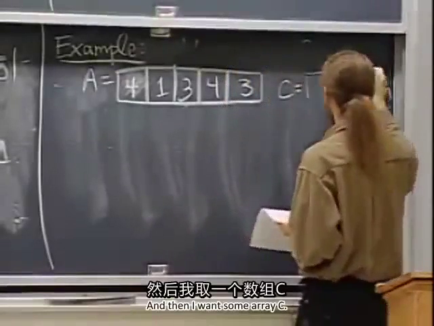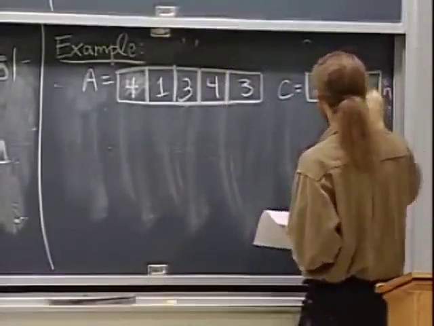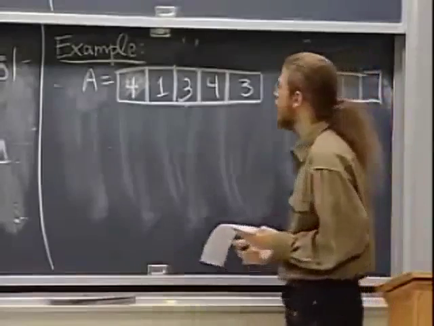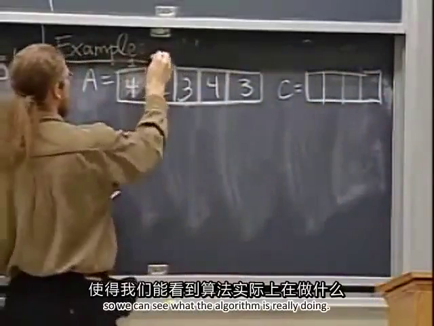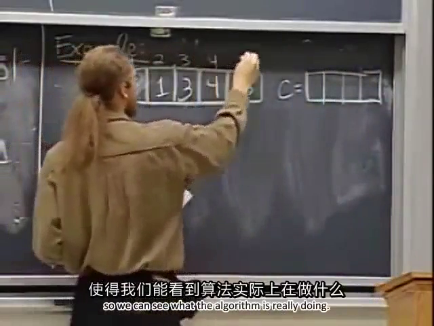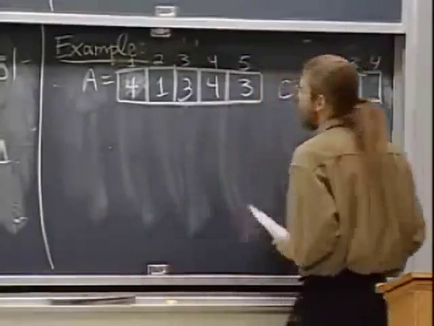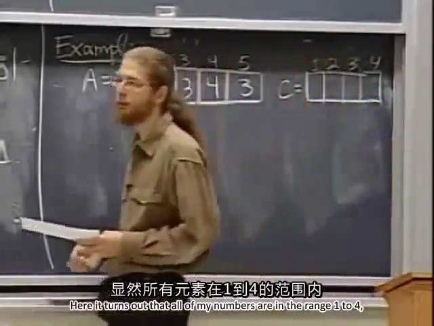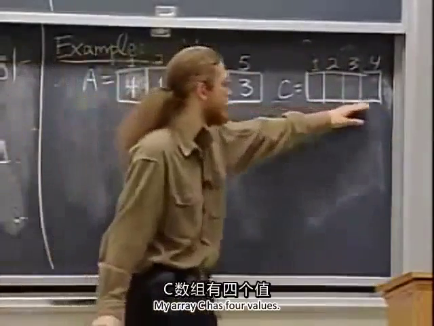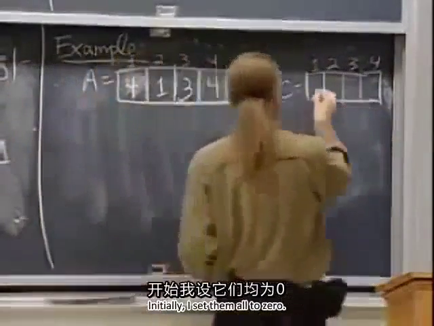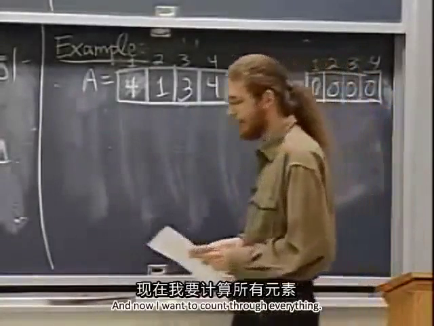And then I want some array C, and let me add some indices here so we can see what the algorithm is really doing. Here it turns out that all my numbers are in the range 1 to 4, so k is 4, and my array C has 4 values. Initially, I set them all to 0. That's easy. Now I want to count through everything.